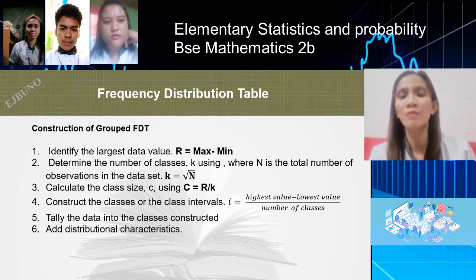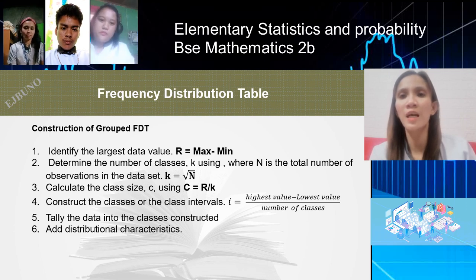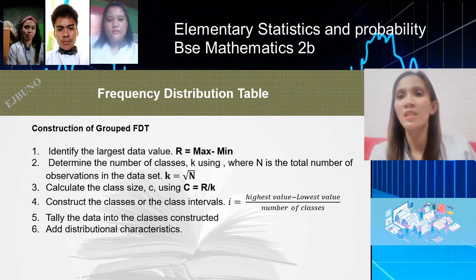The upper limit of the lowest class is obtained by subtracting 1 unit of measure, where x is the maximum number of decimal places observed from the raw data, from the lower limit of the next class. The upper limits of the succeeding classes are then obtained by adding C to the upper limit of the preceding classes. The lowest class should contain the minimum, while the highest class should contain the maximum.